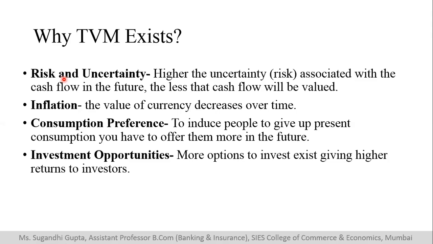And that is the reason why having money now is better than later. The second point is inflation. As I've already told you, with rupees 10 you can do something now, and maybe the same things or even lesser things you can do after 5 years. The example of rupees 10 makes it clear.